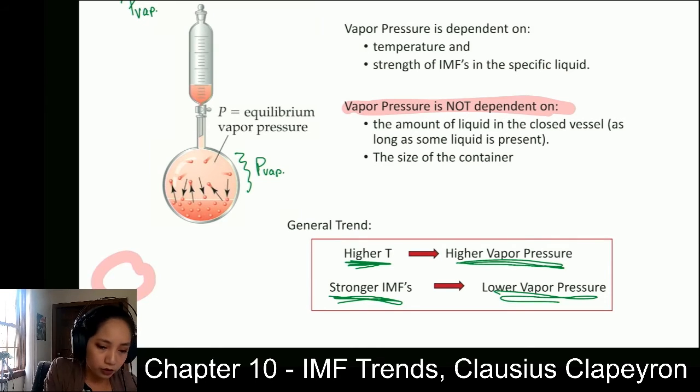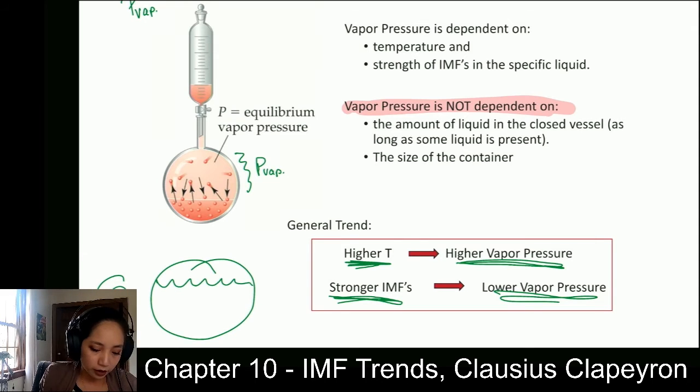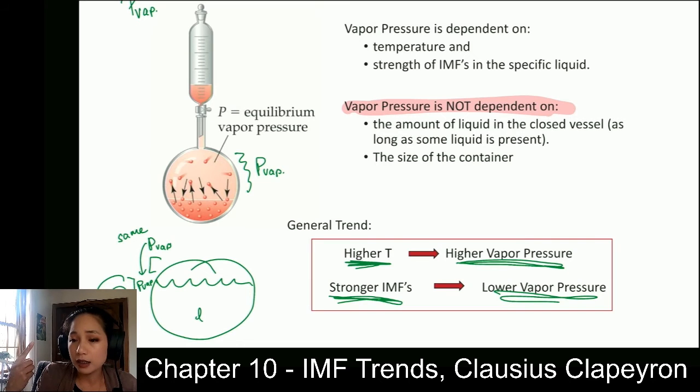So whether you have a container with a tiny bit of liquid, or a really big container with a ton of liquid, if we measure the vapor pressure, as long as it's the same sample at the same temperature, both values will be the same.